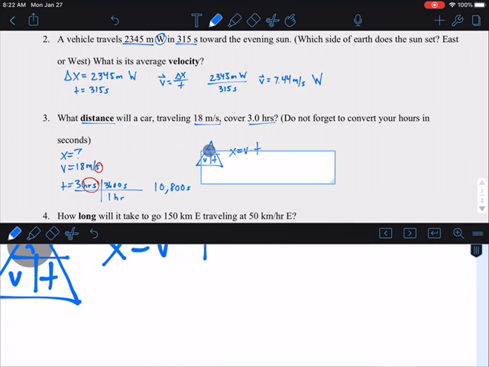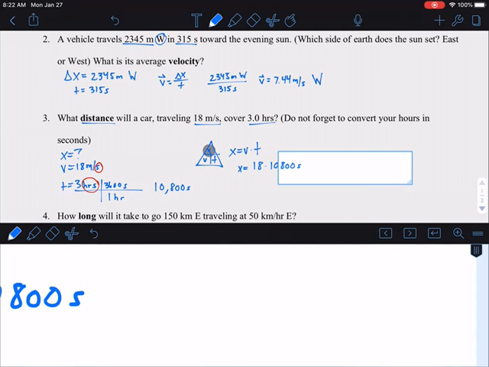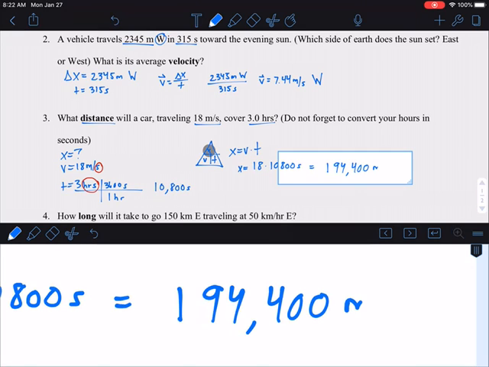So x is equal to, my v was 18, my t was 10,800 seconds. So I traveled 18 times 10,800. I traveled 194,400 meters. Final answer.